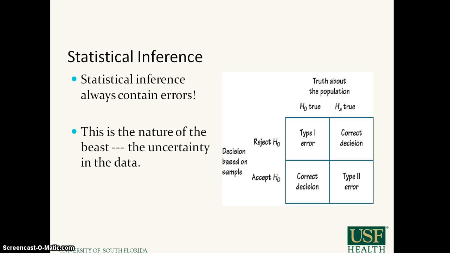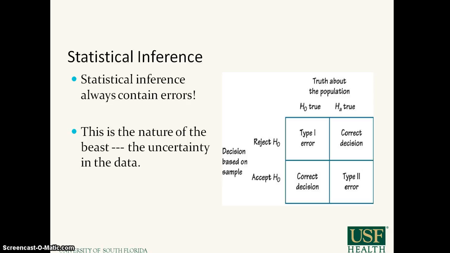And you should remember, statistical inference always contains errors, and this is the nature of the beast because of the uncertainty in the data. Remember, we're dealing with random events and random variables, so we have uncertainty in the data. We can never be sure, so there's no such thing as 100% certain statistical inference.